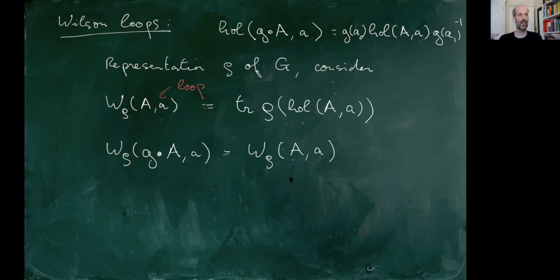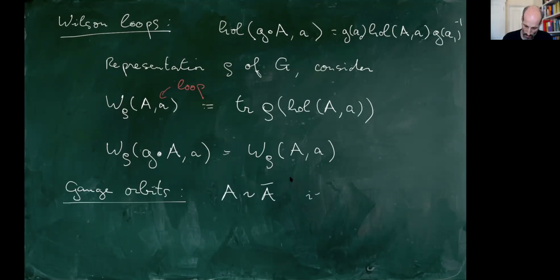So an orbit would simply be an equivalence class of connections, where you postulate that two connections are equivalent if you can transform one into the other by the action of some element of the gauge group. Okay, so gauge orbits. We say that A is equivalent to A bar if there exists an element G of the gauge group such that A bar is equal to G acting on A. Okay.